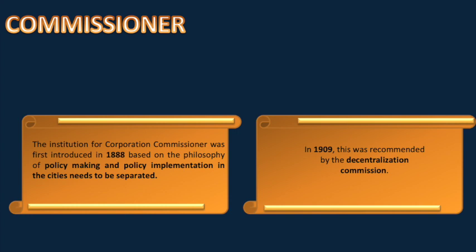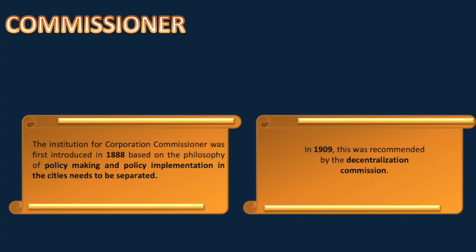As I mentioned earlier, the role of the mayor is framing the policy, and the role of the commissioner is to execute the policy. So, in order to separate these two functions, the 1888 Act provides this opportunity. Later on it was recommended in the year 1909.